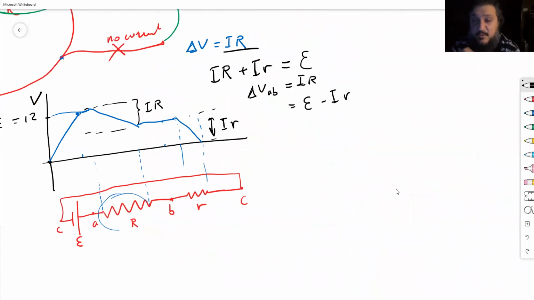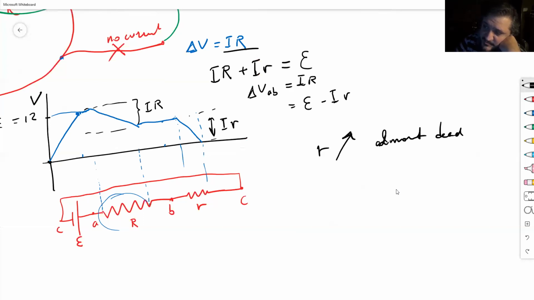So it's pretty much true for all batteries you buy from the store. So what happens is you use your battery for a while, and towards the end of its lifetime, this internal resistance r starts increasing. So when this goes up, this means your battery is almost dead. Okay, I mean, the battery will not run your maybe flashlight, but if you connect it to a voltmeter, it'll still show you some number, right?